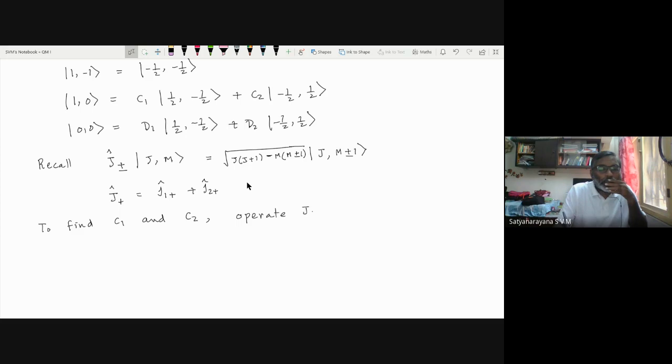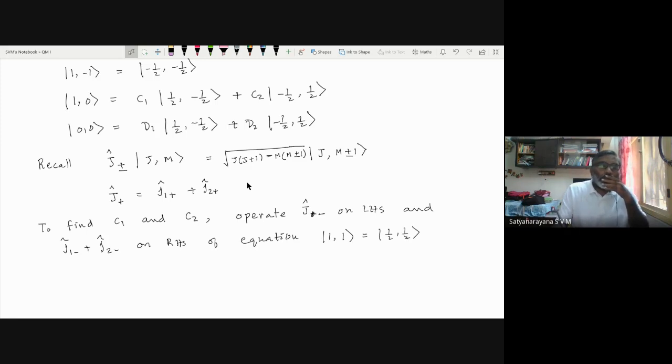I think J minus on the left hand side, and J1 minus plus J2 minus on the right hand side of equation 1 comma 1 is equal to half comma half.